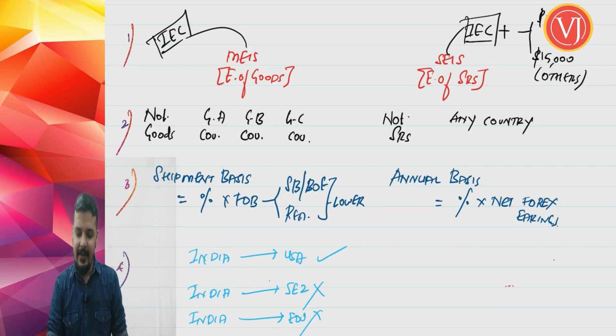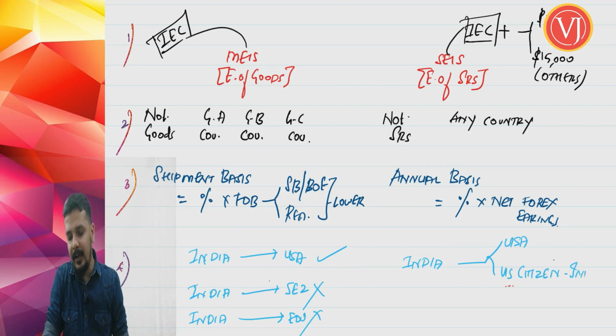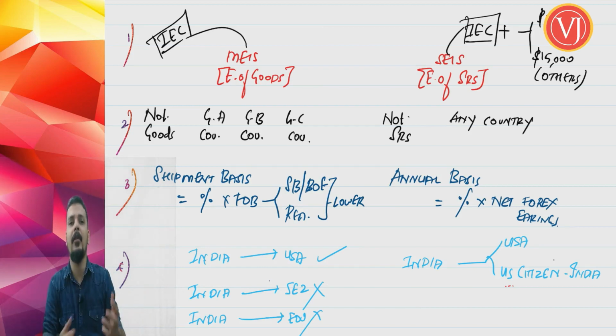When you talk about your SEIS script, friends, you have to understand that what is covered is India to USA, service provider in USA, or US citizen to a consumer of other country who's there in India. See, this is very common when you talk about educational institutions and clinical establishments. A foreigner is coming to India for his education or treatment.